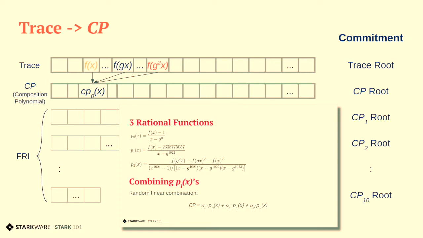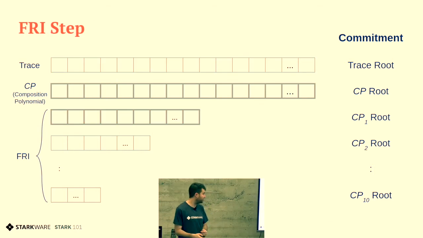If we remember, in the second talk we saw how the prover computes CP0 of x by using those 3 values. So the verifier will be able to compute it by himself, and then he will be convinced that the prover computed that correctly.